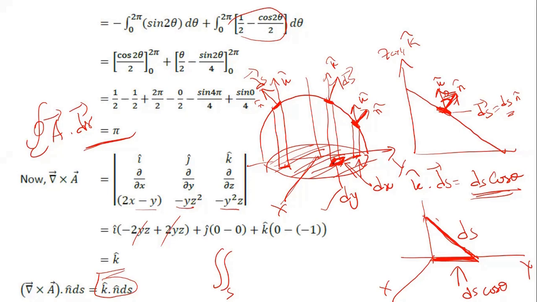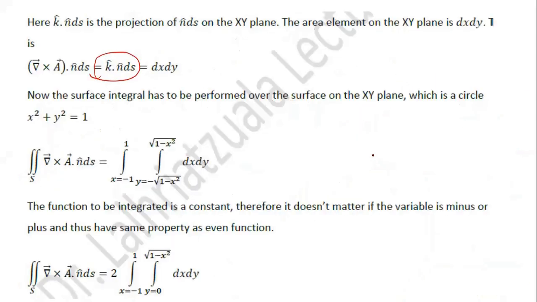Now, if we perform the surface integration here, this will simply cover the area of this circle. So if you do that, the integration of the surface dx dy will simply be the area of the circle. Area of the circle is pi r square. Here in this case, your r value is 1, 1 square. So your result has to be pi, isn't it?